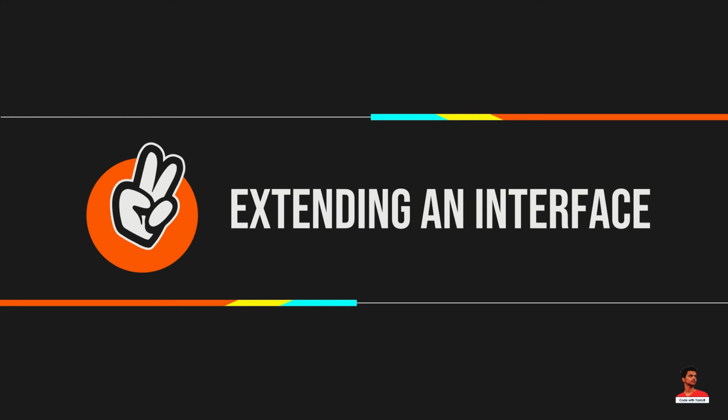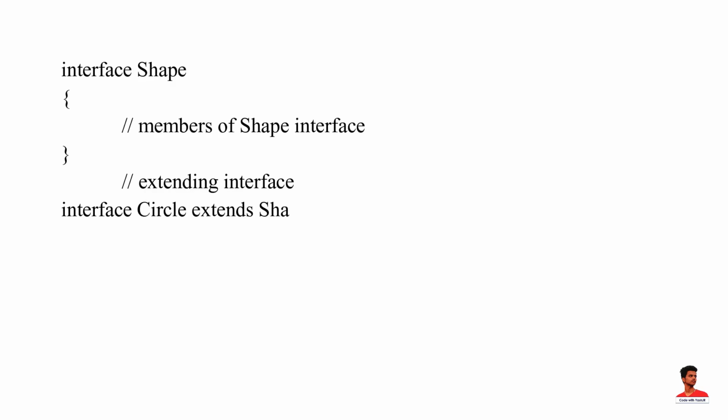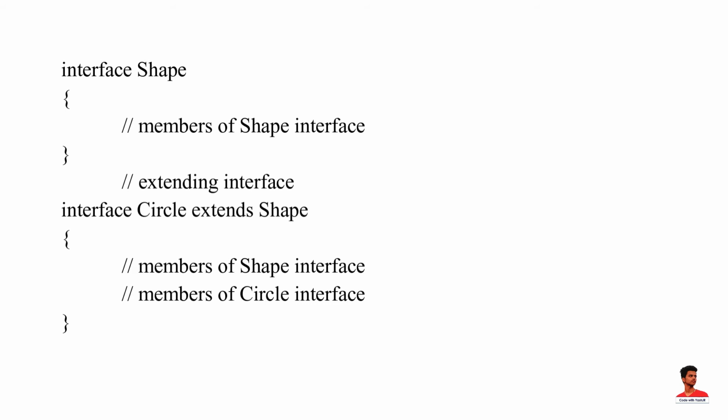The extends keyword is used for extending interfaces. For example, here the circle interface extends the shape interface. Now, if any class implements the circle interface, it should provide implementations for all the abstract methods of both circle and shape.